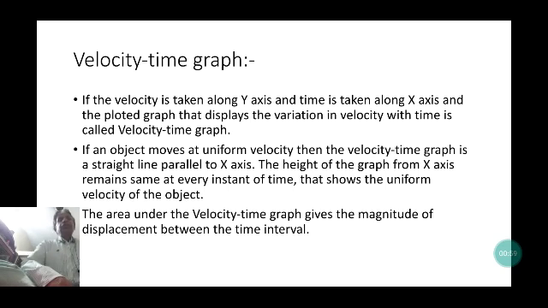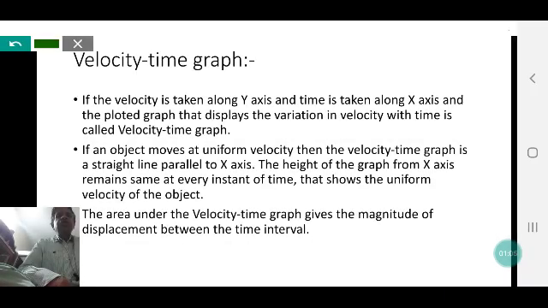First, you should know what the velocity time graph is. If the velocity is taken along the y-axis and the time is taken along the x-axis, the plotted graph that displays the variation in velocity with time is called the velocity time graph.